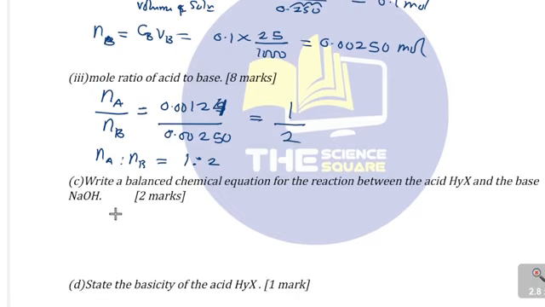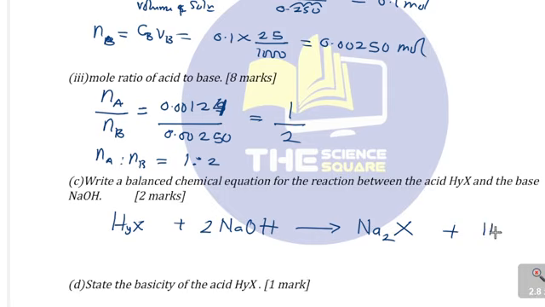So we have HYX reacting with sodium hydroxide, and we have been told that it is 1:2, so we put 1:2. Then definitely from here we know that our salt is going to be Na2X, where X is the anion in the acid, so Na2X plus water, because a neutralization reaction will always produce a salt and water.